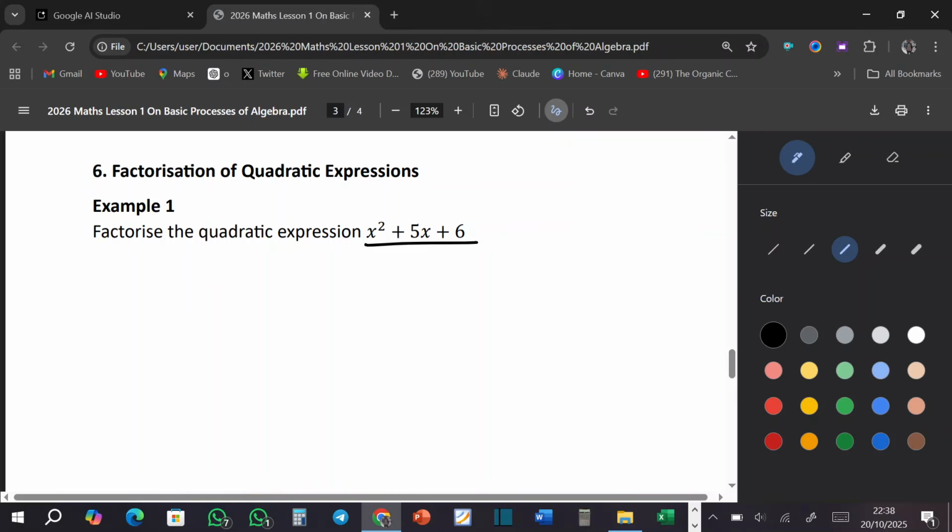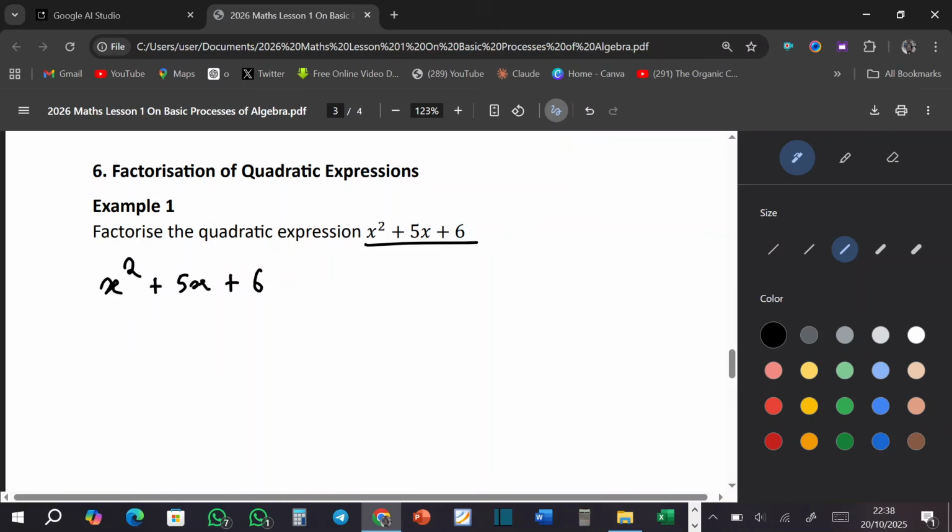If we have x squared plus 5x plus 6, to factor it out, you look at two terms which, when you multiply them, you get 6. When you add them, you get 5.